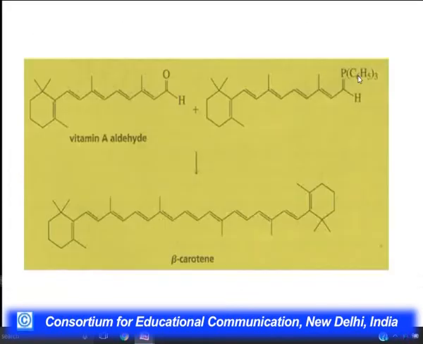We remove the triphenylphosphine, attach it to oxygen, and get triphenylphosphine oxide, and from this part we replace the oxygen with this entire moiety, excluding the triphenylphosphine, resulting in the formation of beta-carotene.